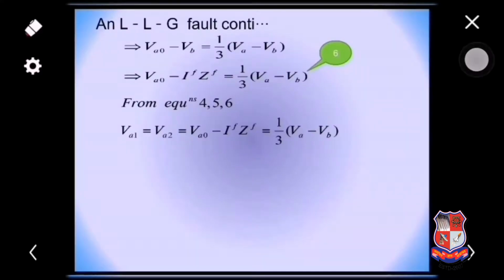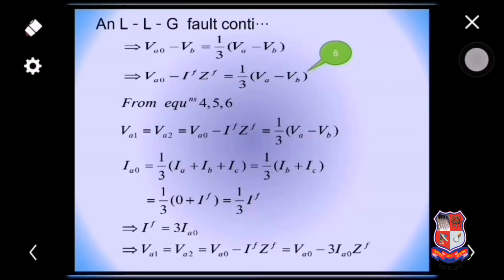In this equation, IF can be replaced by IA0. Now can you tell me what should be the relationship between the fault current IF and the zero sequence current IA0? Can you have some idea? So let us derive. We know that IA0 is equal to 1 upon 3 (IA plus IB plus IC).